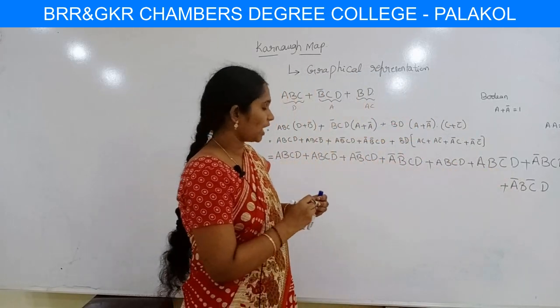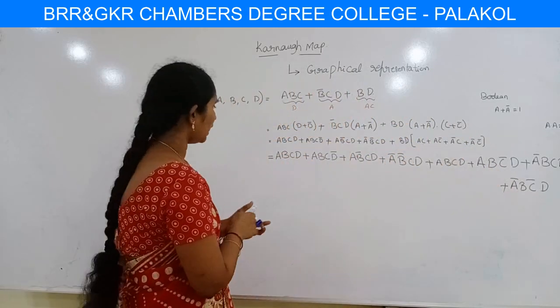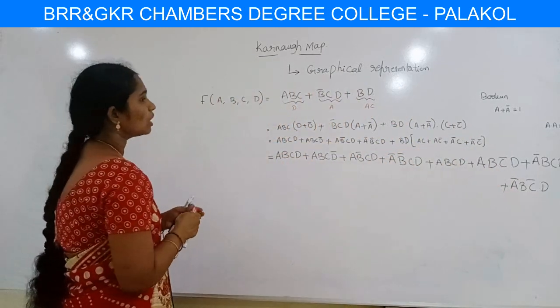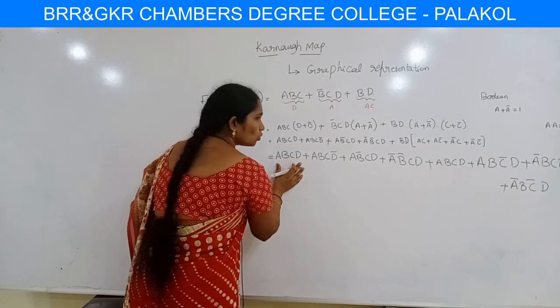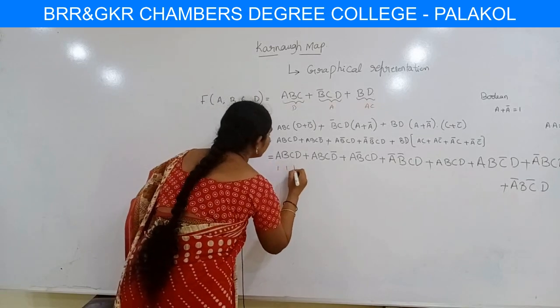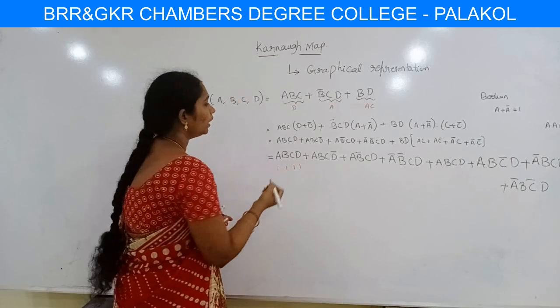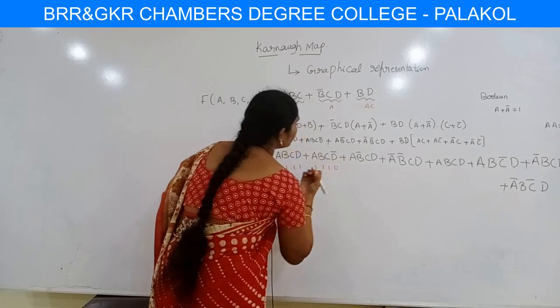Simply I will multiply BD with this expression. Now we have to identify the numbers. Here B, C, D have no bars, therefore all the values are 1, 1, 1, 1. And here this is 1, 1, 1, 0.